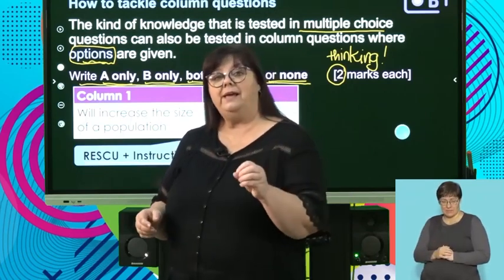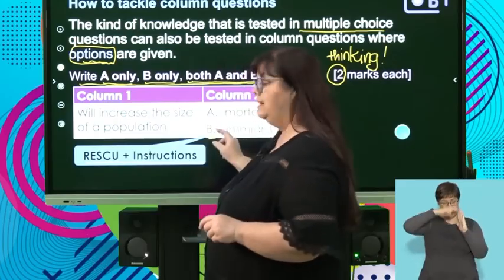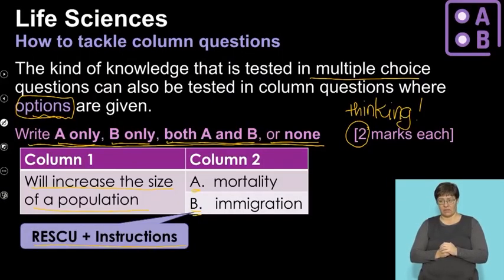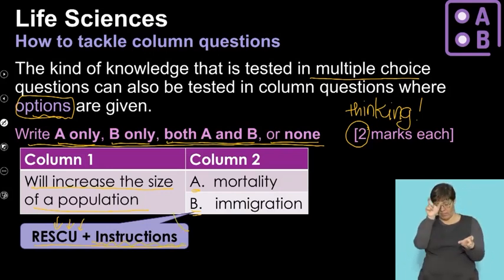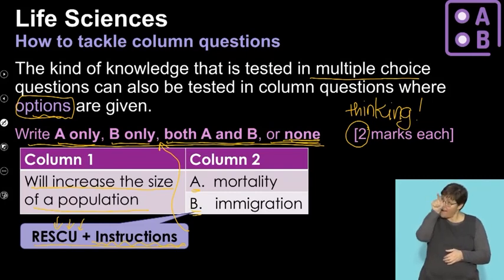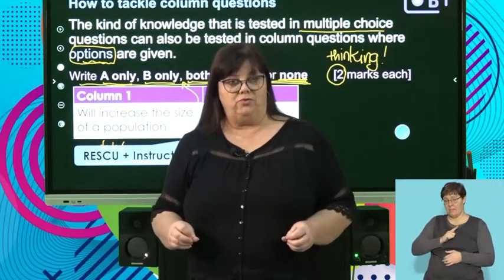Read it, eliminate anything that we think could be incorrect, then select, check, never leave it out, and very importantly for column questions, follow the instructions. We're not going to write the word neither, we're going to write the word none, because that is what the instructions have told us to do.